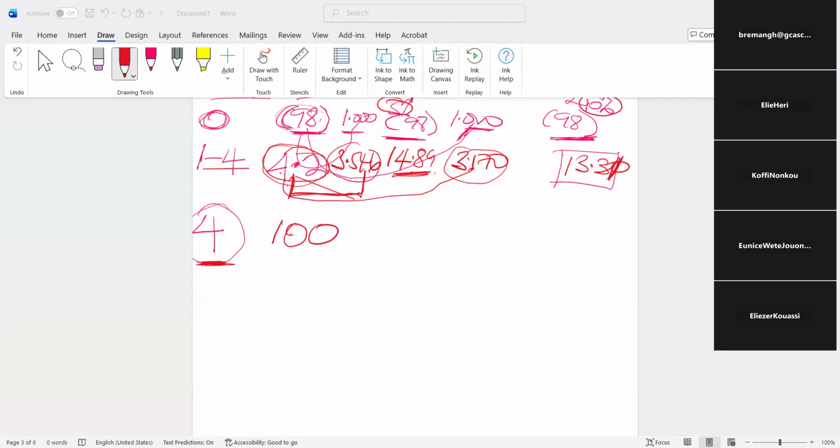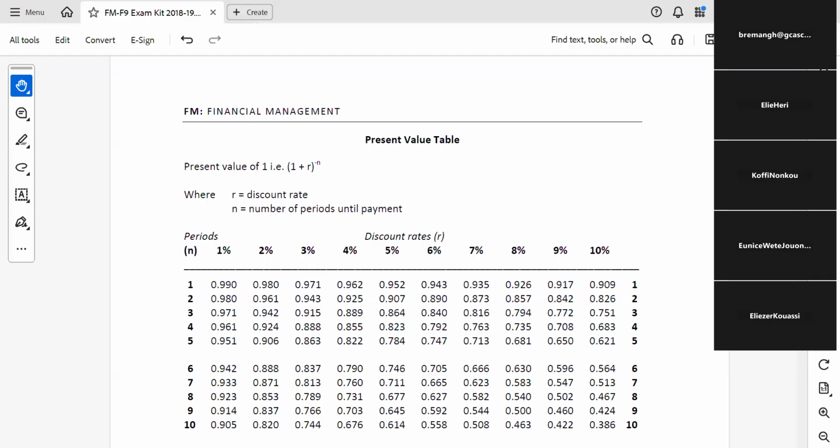Let me share my screen on the discount factor table. I am not comfortable when students are using the table, but however, I will show you also how to do the calculation. So 5% on the 4th year is 0.823, and 10% on the 4th year is 0.683.